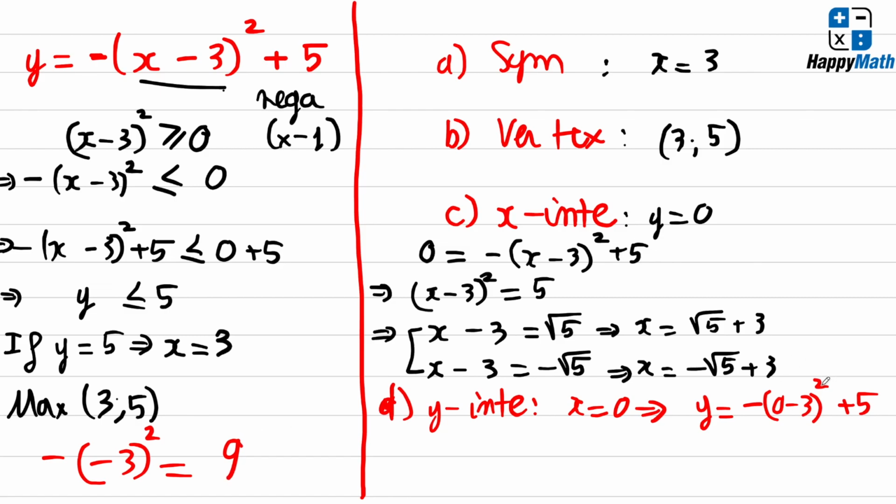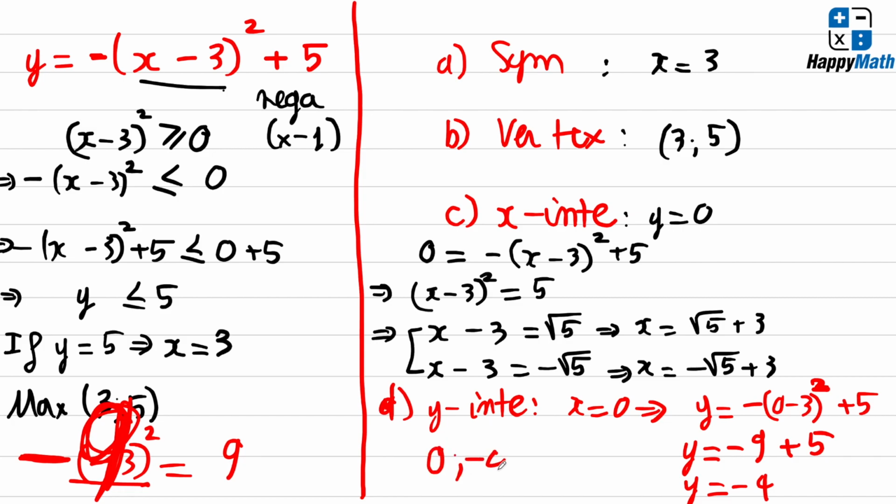No, this square just applies to negative 3. So (−3) squared, you get 9. But we have the negative sign remaining in front of 9 here. So that's why you get negative 9 plus 5. It means negative 4. So the y-intercept is (0, −4).